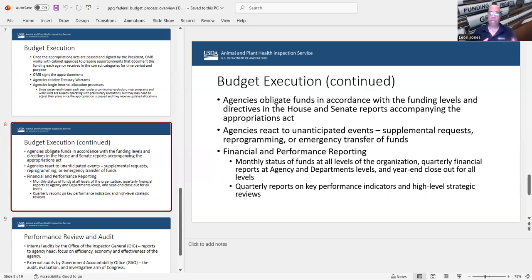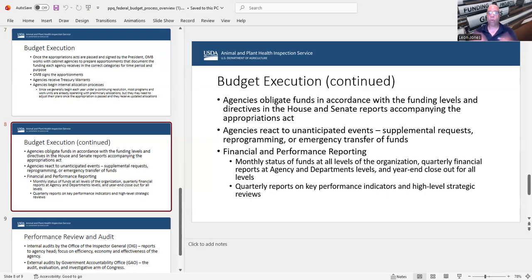And then you have financial and performance reporting. That's when you have the monthly status of funds at all levels of the organization, quarterly financial reports at agency and department levels, and year-end closeout for all levels.